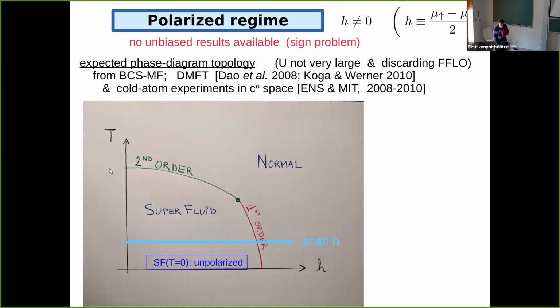So the phase diagram as a function of temperature and Zeeman field. At zero Zeeman field or small Zeeman field, there is the standard second order phase transition from superfluid to normal. But here actually this phase transition line is expected to become first order.